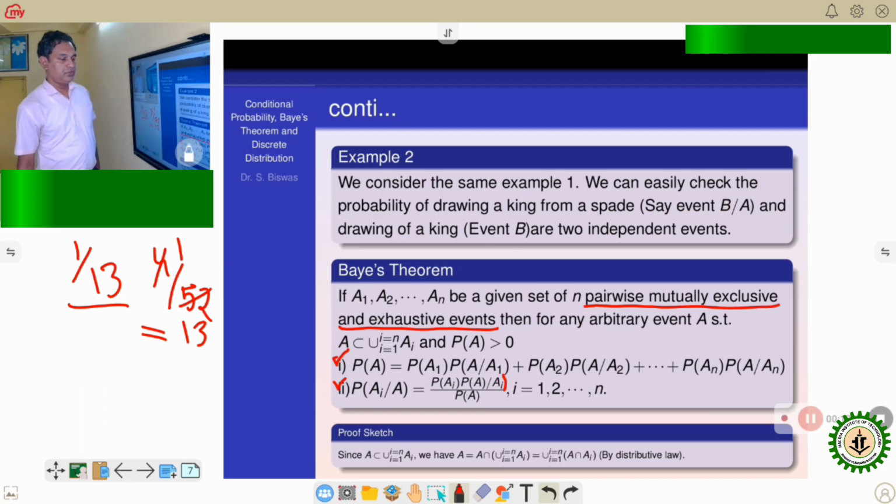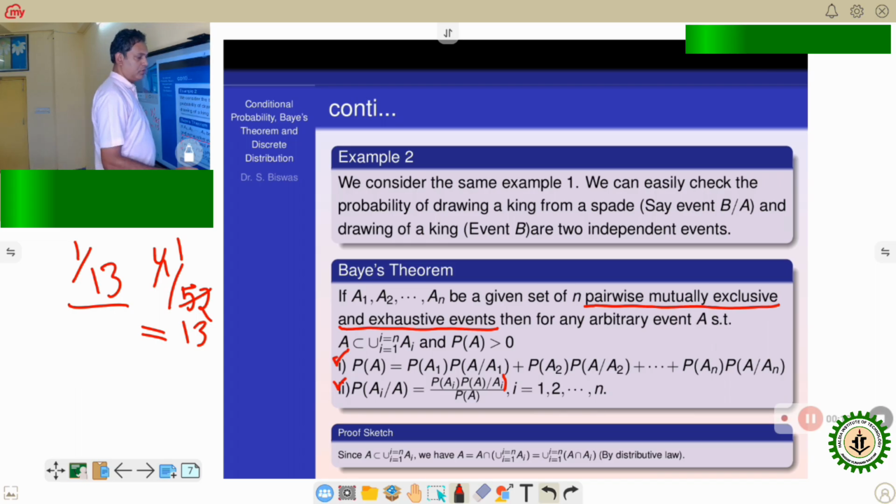Now, the proof of Bayes theorem is again very interesting. I will give a sketch and try to explain as easily as possible so that the students can understand. Since the event A, which is an arbitrary event, is a subset of the union of these n pairwise mutually exclusive and exhaustive events, we can write A equal to A intersection this union, which is equal to the union for i equal to 1 to n of this, by the distributive law.